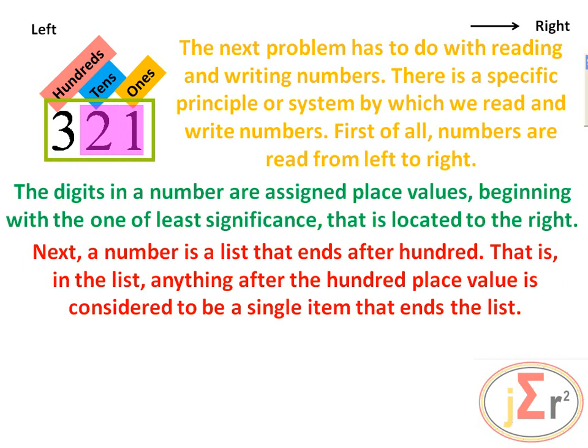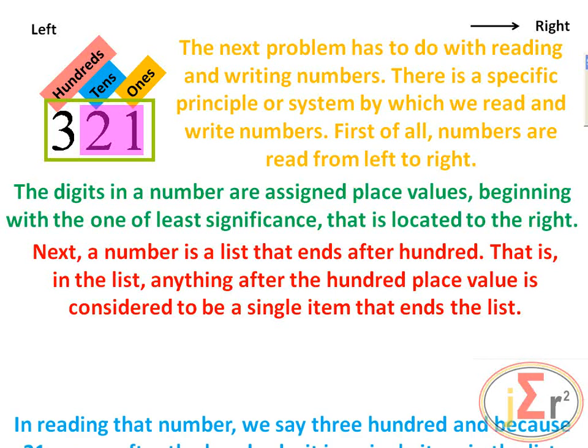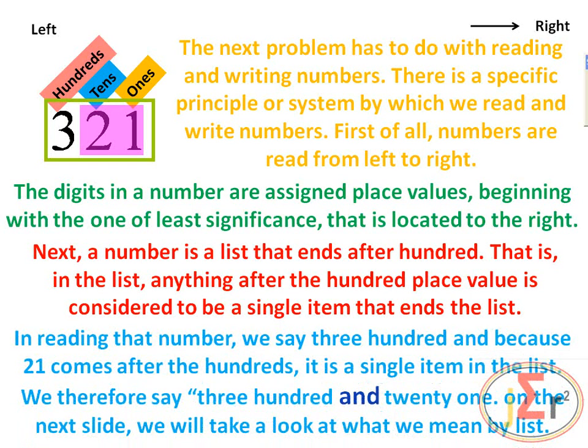After the hundreds place value, the list comes to an end. In reading that number, we say 300, and because 21 comes after the hundreds, it is a single item in the list. We therefore say 321. On the next slide, we will take a look at what we mean by list.